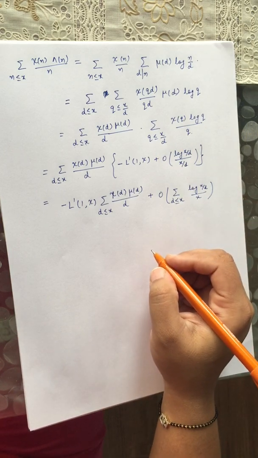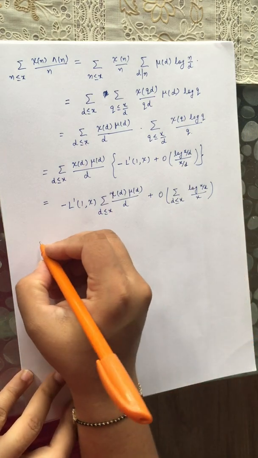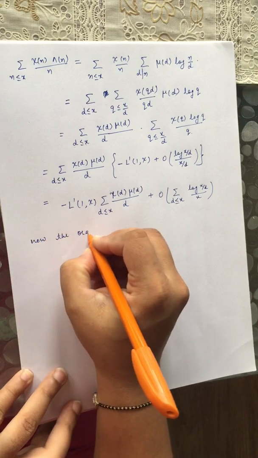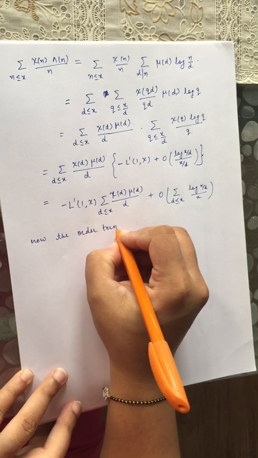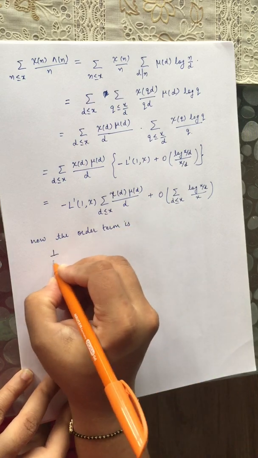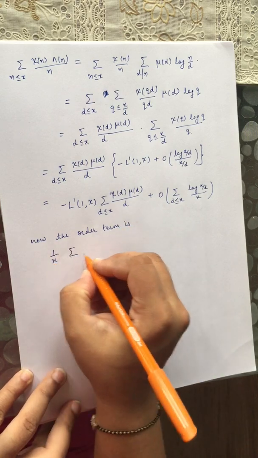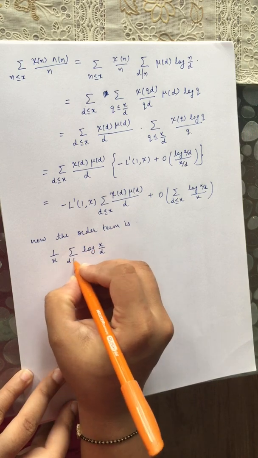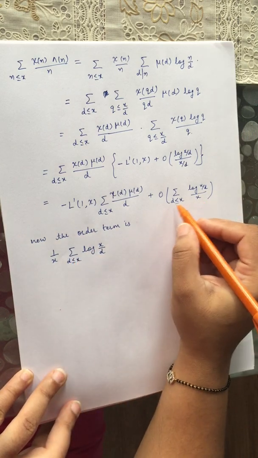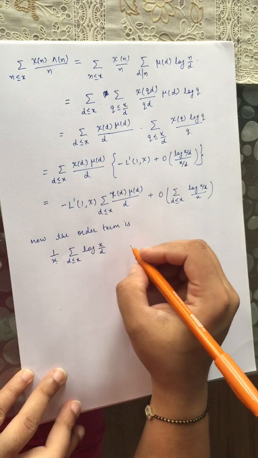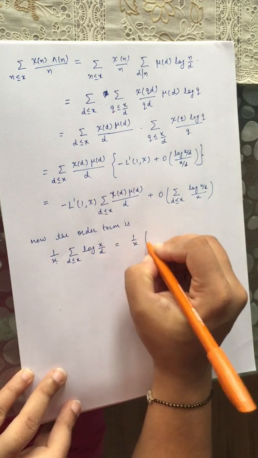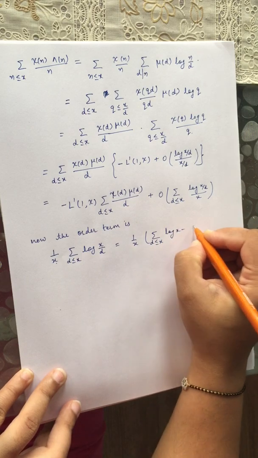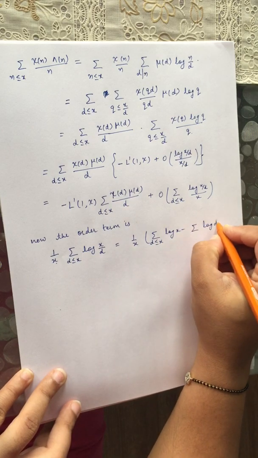Now we calculate the order term. The order term is 1/x summation log(x/d). Because this x is independent of d, we can take it out. So this is 1/x summation of log x minus summation of log d.